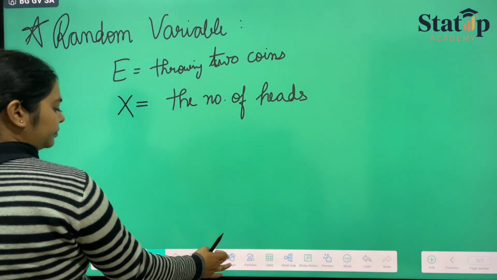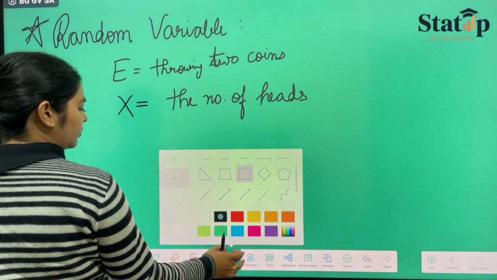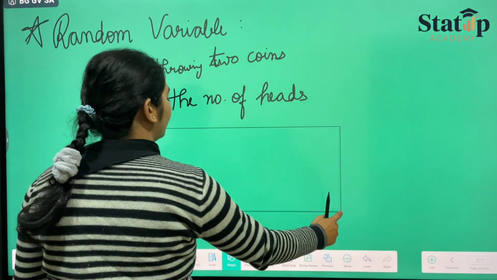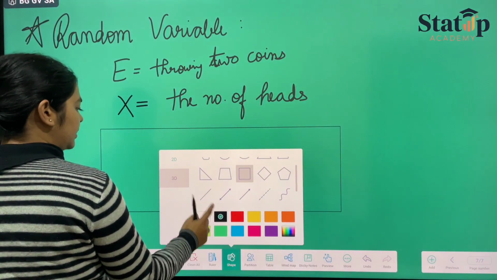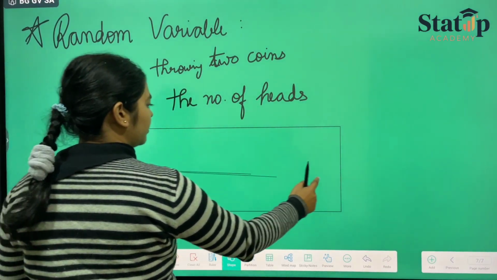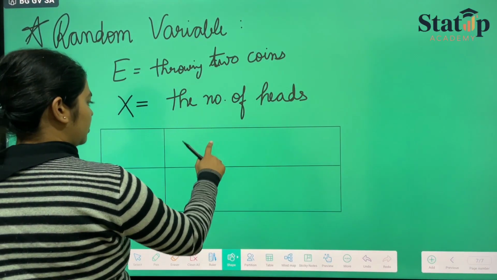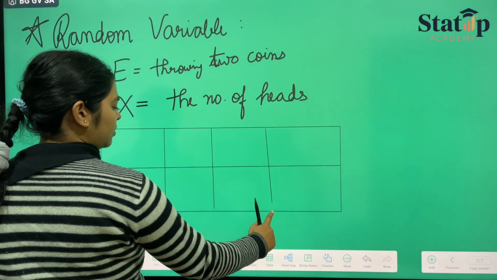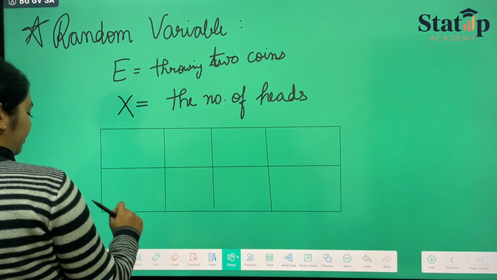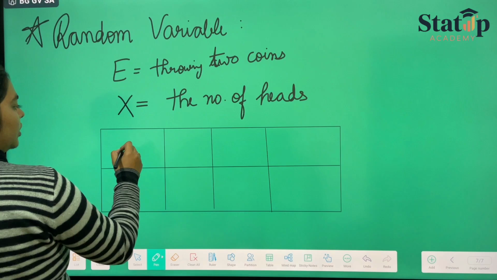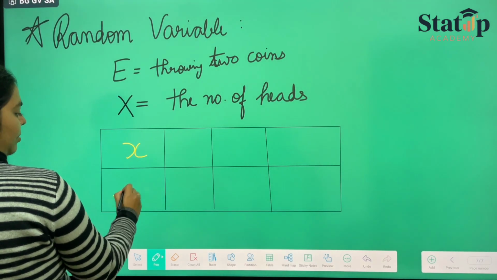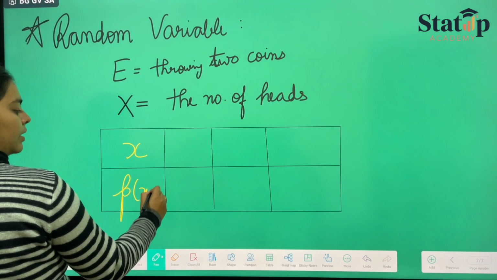So our table of this would be like this. Here we are talking about x and the probability of x.